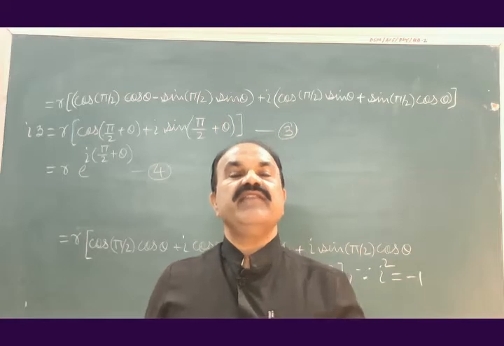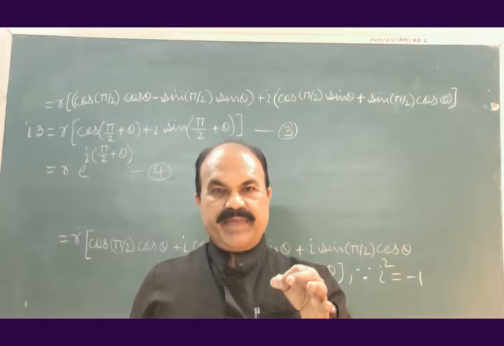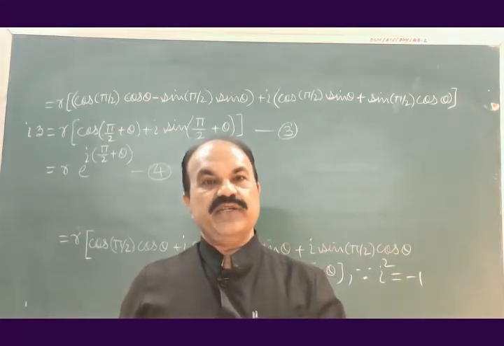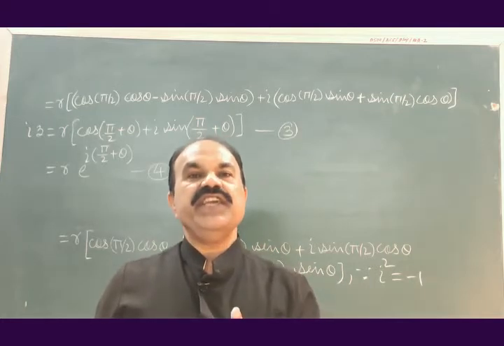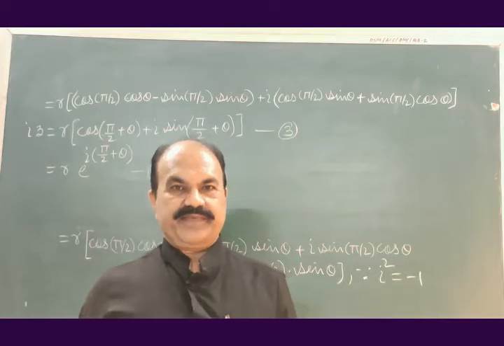It means that whenever any complex number is multiplied by imaginary term i, that complex number gets rotated through 90 degrees in the anti-clockwise direction or in the positive sense.